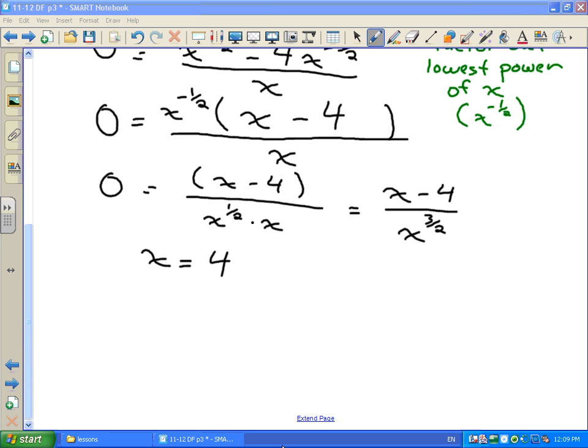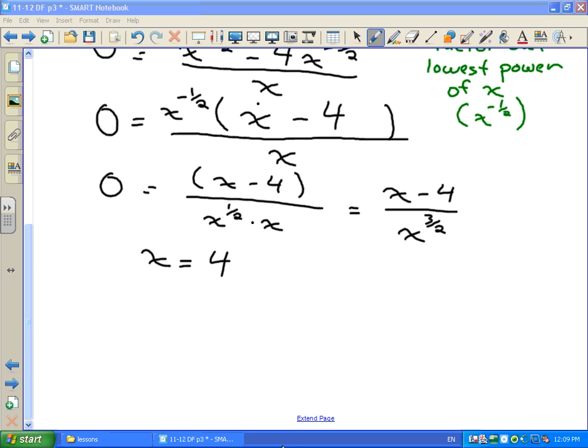You might have, if you were looking back at this line right here, said, okay, we're going to have two solutions, x equals 4 and x equals 0. But because we have an x down in the denominator, we can't have x equals 0. It's a restriction on our function. So we only have one solution, x equals 4.